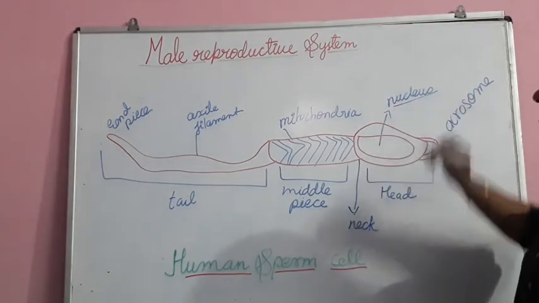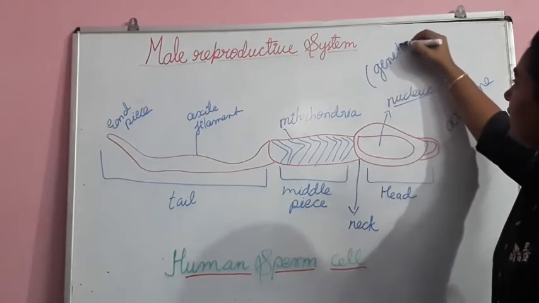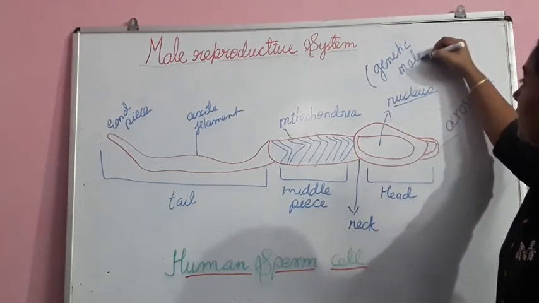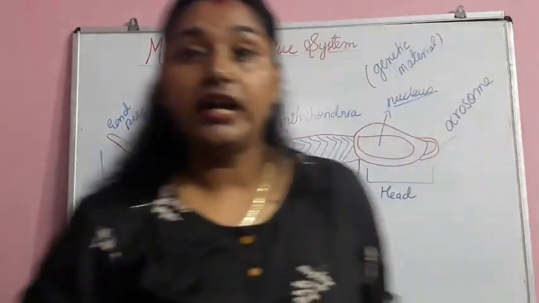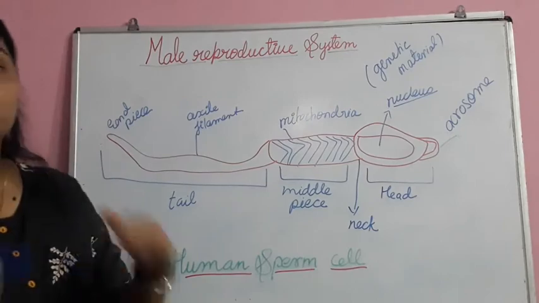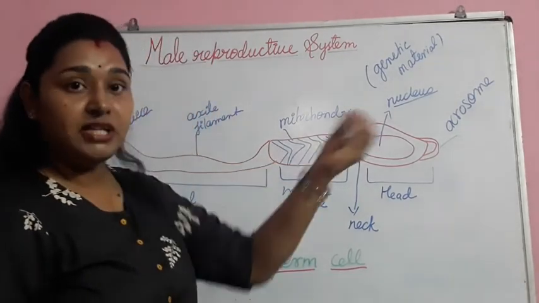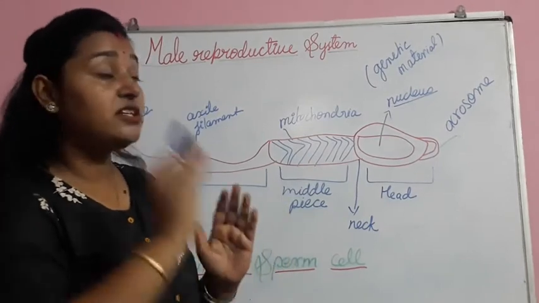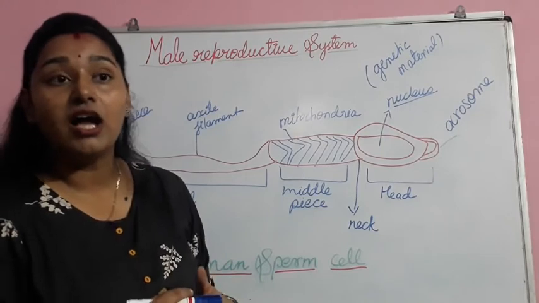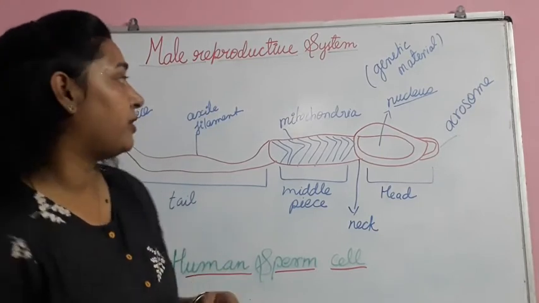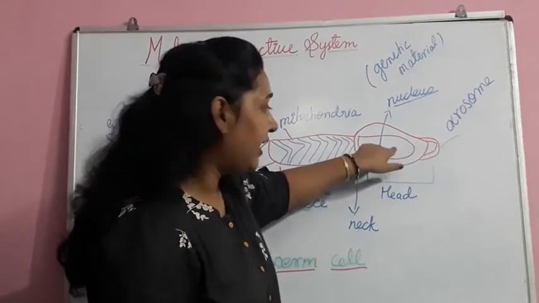This nucleus is responsible for carrying genetic material, which carries all the genetic characters of the male's body, which is further going to be transferred. If it gets fertilized with the ovum, it will be transferred to the offspring. So the genetic material is inside the nucleus of the head.